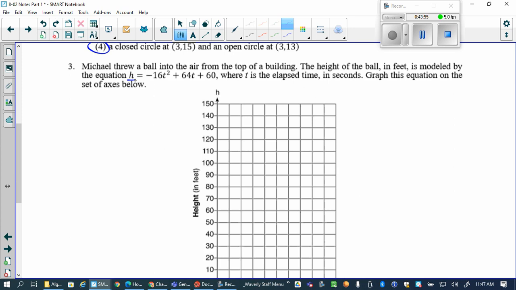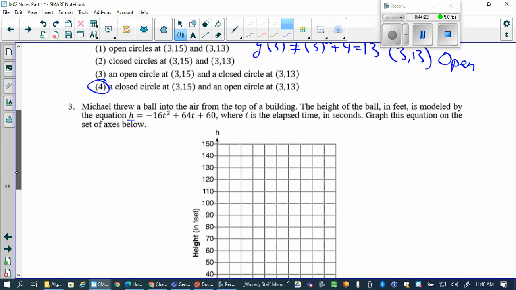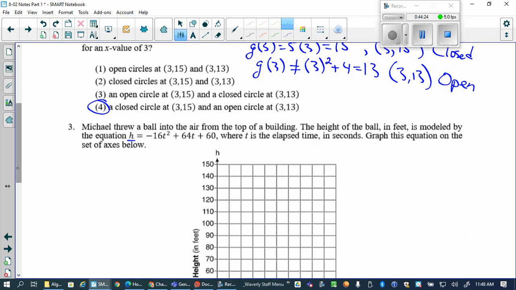So anyway, we need a table of values, right? So we should make a table of values. This is a real life situation, so starting at T, time of 0, and then a table that goes out to 5 seconds, right? Okay, so let's put this thing in our calculator. We don't have to worry about the window right now.